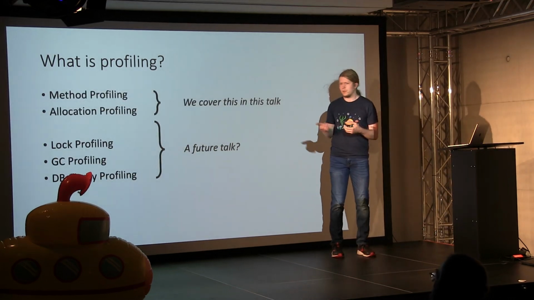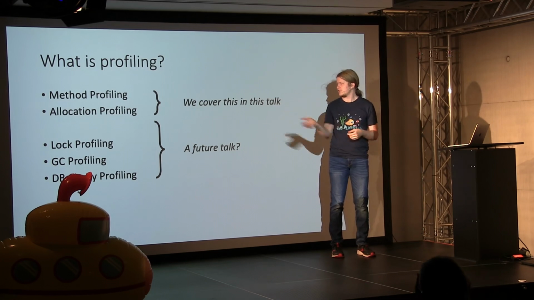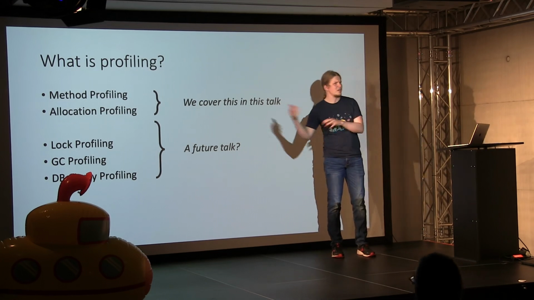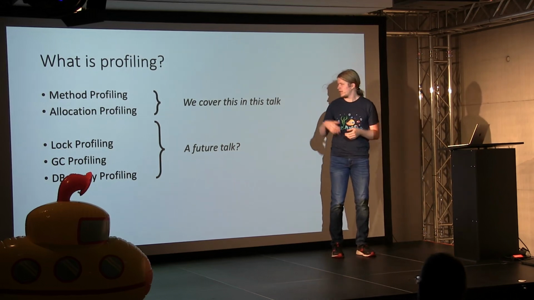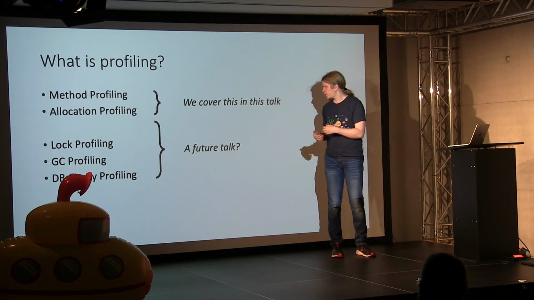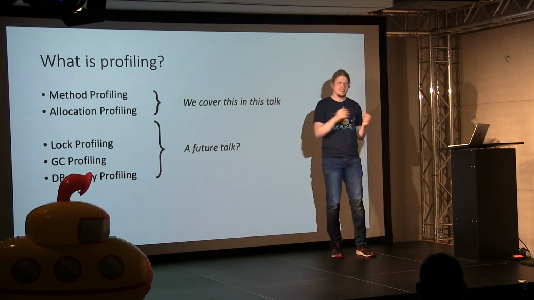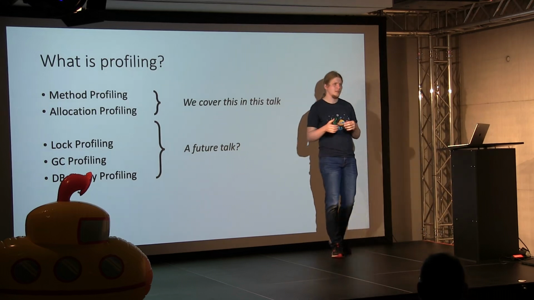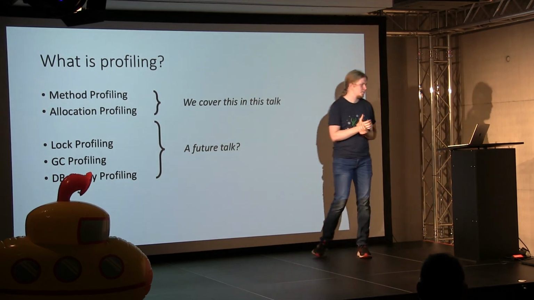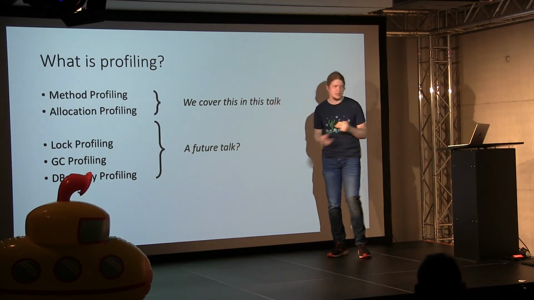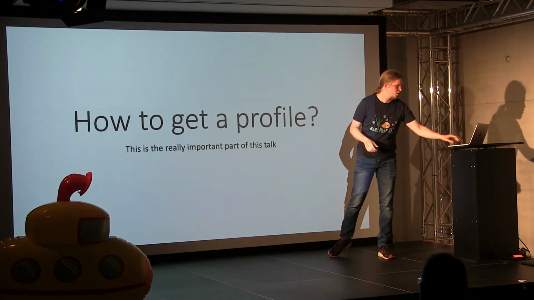People might understand the term profiling as method profiling or allocation profiling. These two we cover here, especially method profiling. Then there's log profiling, GC profiling, DB query profiling, and so on. But that's maybe for a future talk, or maybe one of you could talk about it better. I'm going to cover especially the top two.